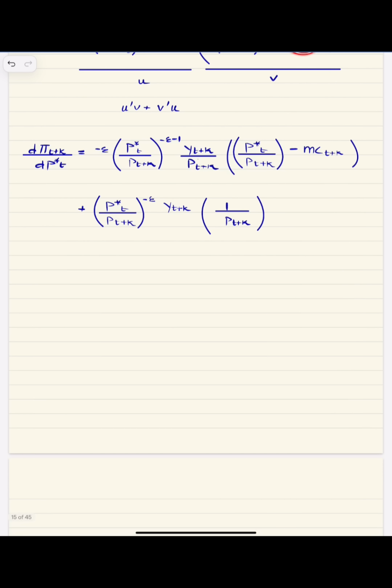Okay, now what? We can take this as common. Both of these expressions have this. Yeah, so let's do that.